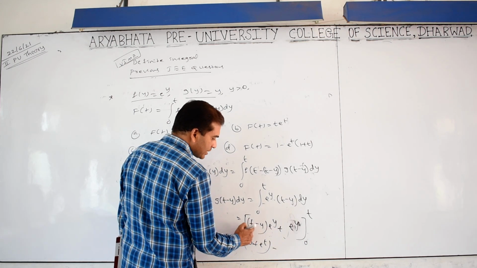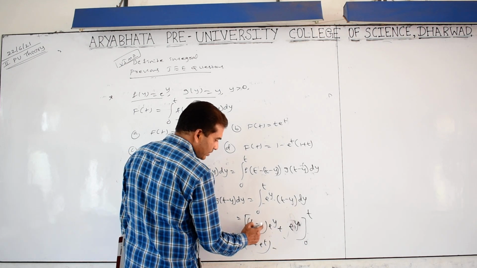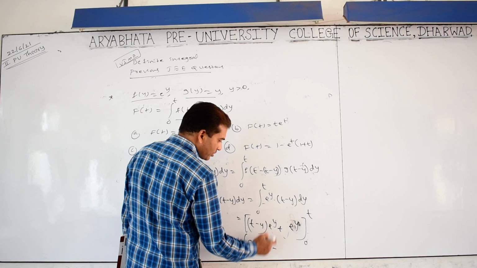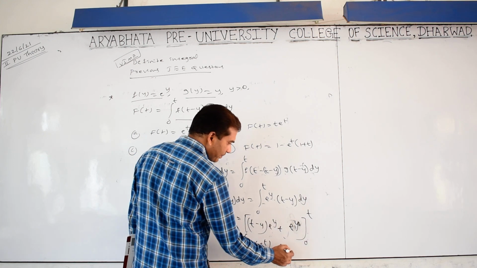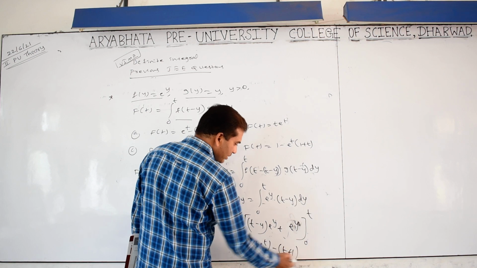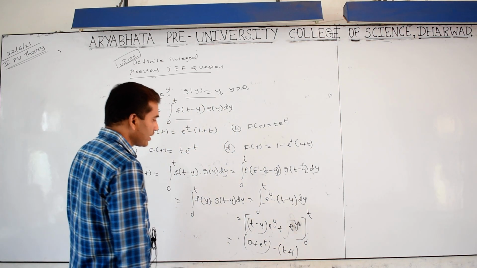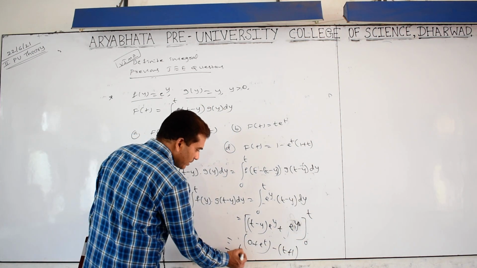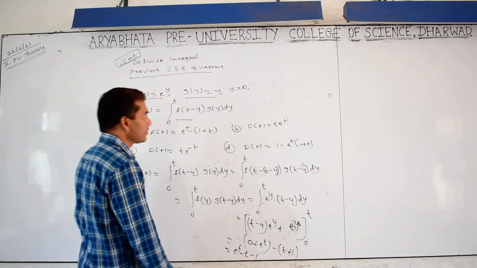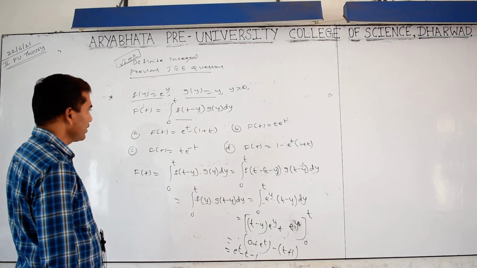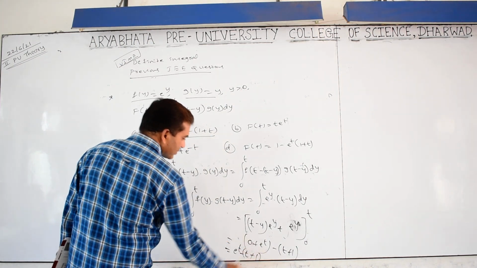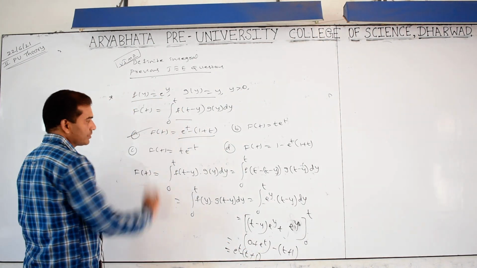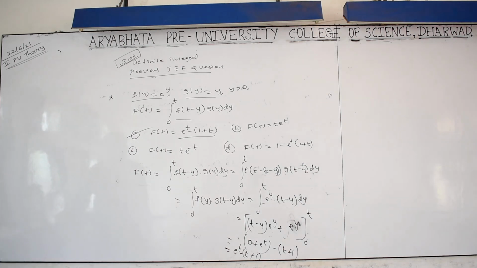Minus lower limit: y is 0, t into e power 0 is 1, t, and e power 0 is 1. So the answer is e power t minus t minus 1, e power t minus t plus 1. This is the correct answer: e power t minus t plus 1.